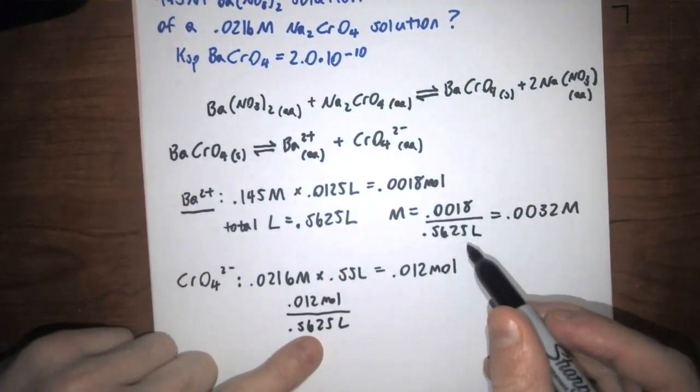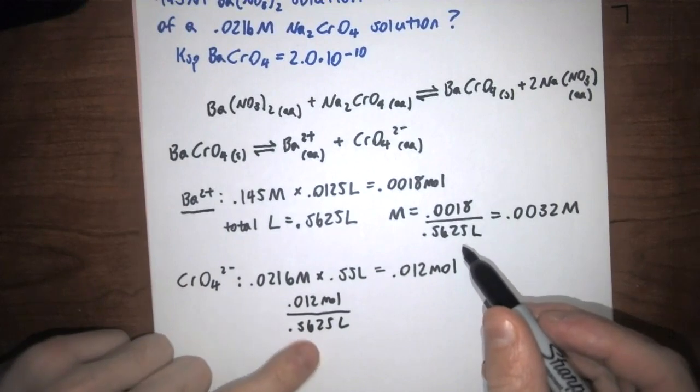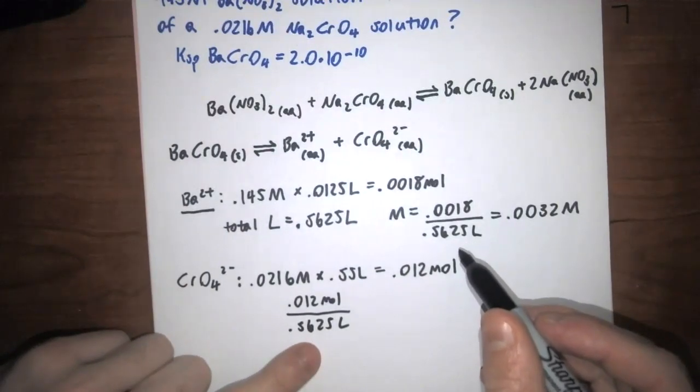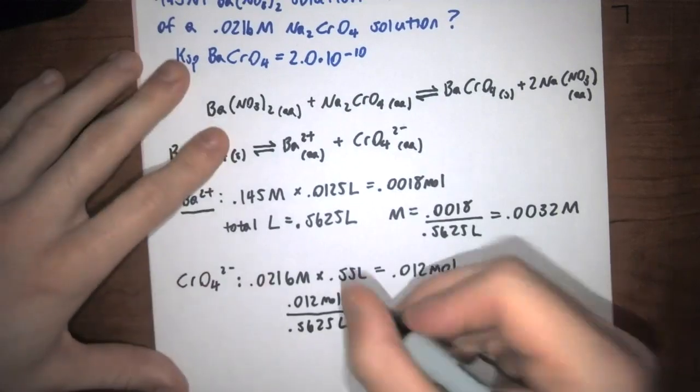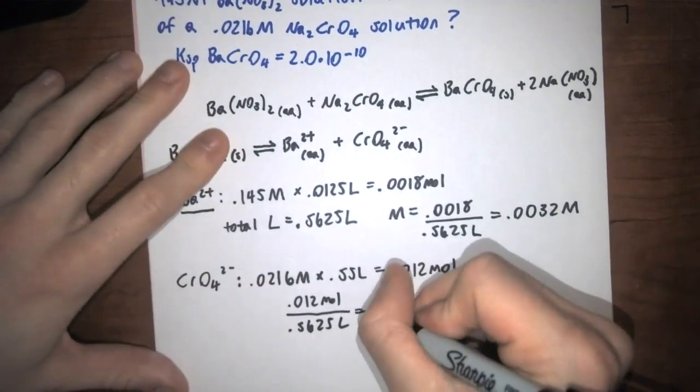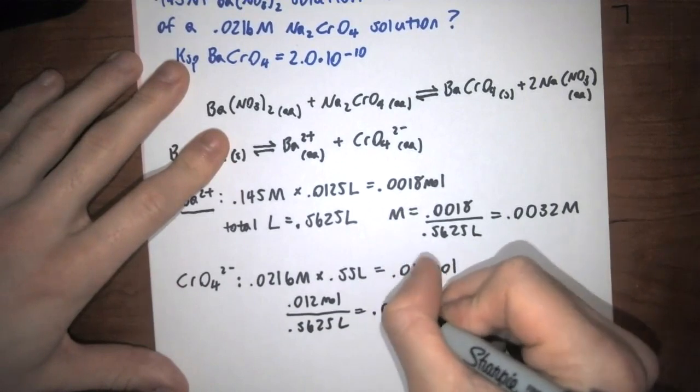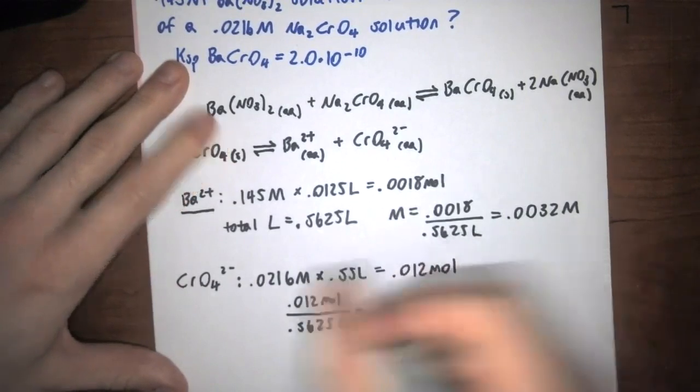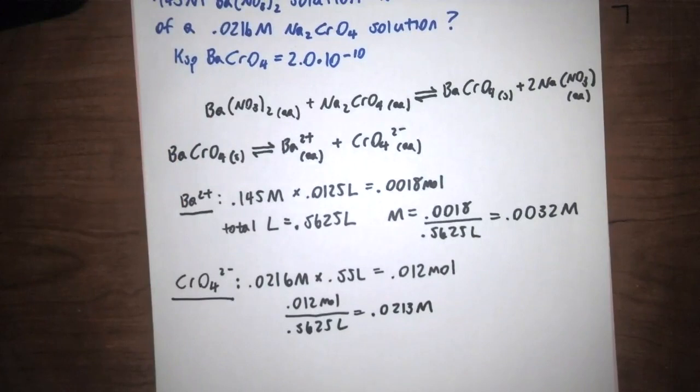We didn't add any more or less in the second part. It's always going to be 562.5 milliliters or 0.5625 liters. So we find our molarity to be 0.0213 molar chromate. So now we have a barium 2+ molarity and a chromate molarity.